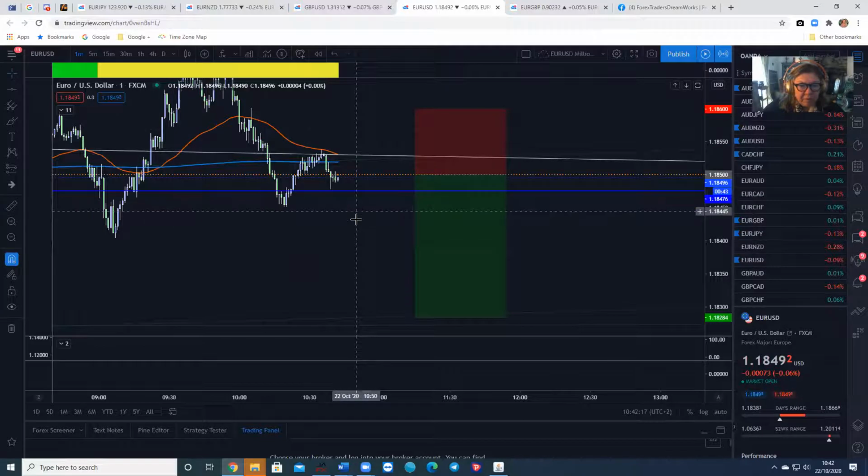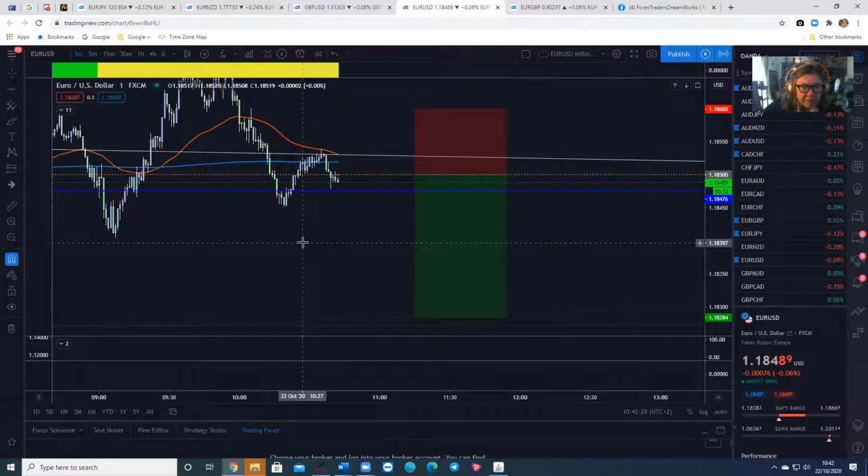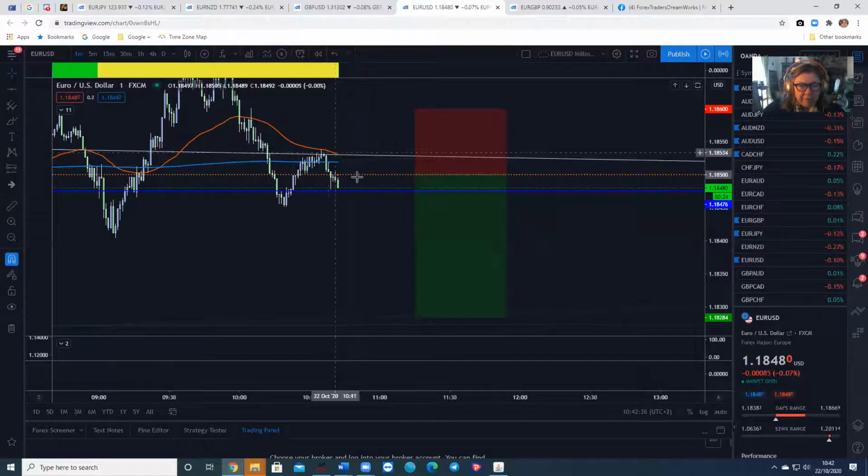So let's just see if that comes down for us. So we could be getting in now, or you can wait until that 62 comes down. That looks like it's moving, doesn't it?